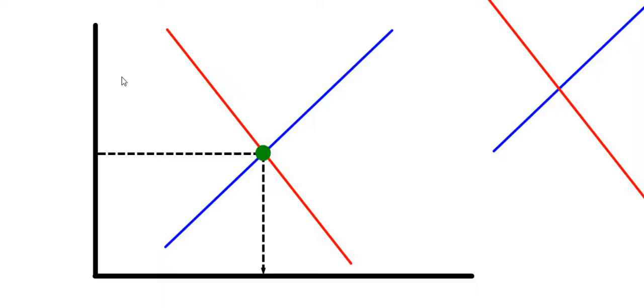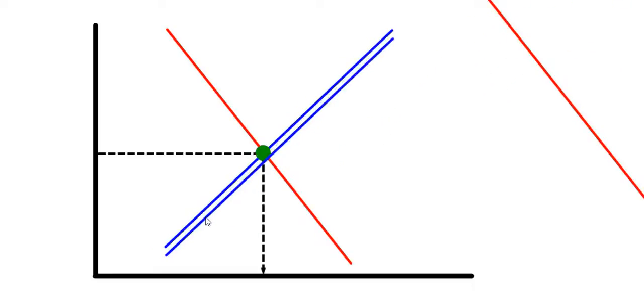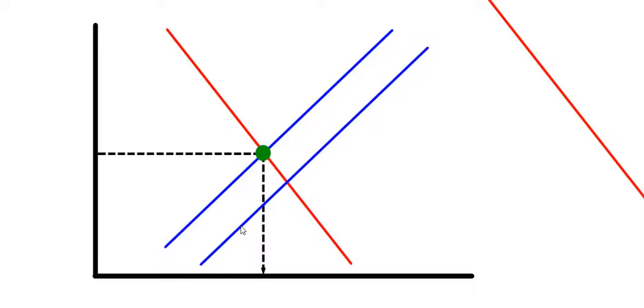So this is our wheat market, and we know that if the cost of producing wheat is going to go down because of a government subsidy, that's going to shift our supply curve to the right. So we're going to look something like this.